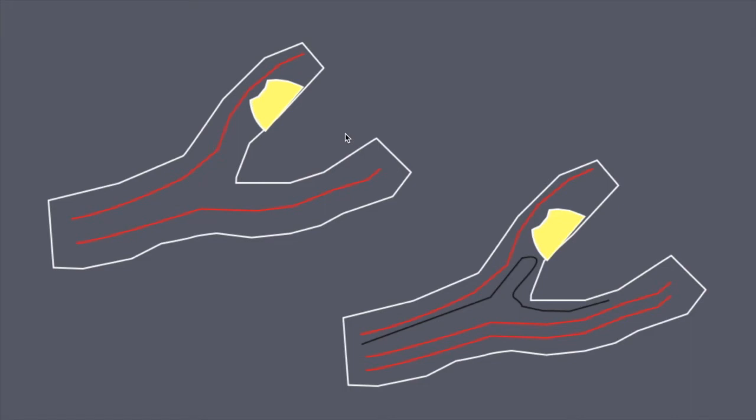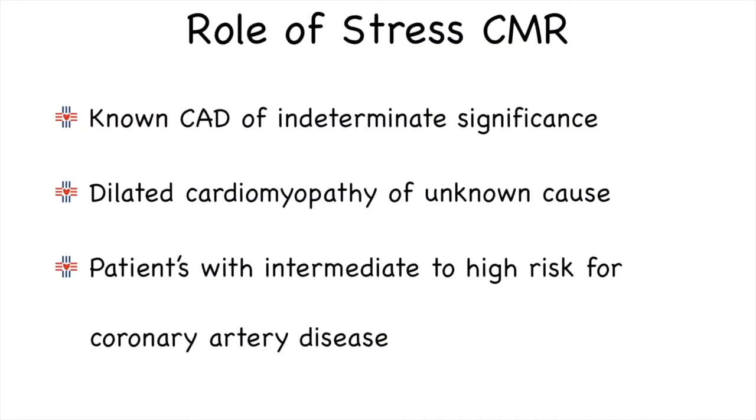During a physical activity session or during any form of stress where there is increased myocardial blood flow, the vessel which has significant coronary artery disease is unable to cope with this increased demand because of the disease, and compared to a normal myocardium, the myocardium which is supplied by the diseased vessel will have hypoperfusion. This forms the basis of ischemia testing in patients with coronary artery disease.